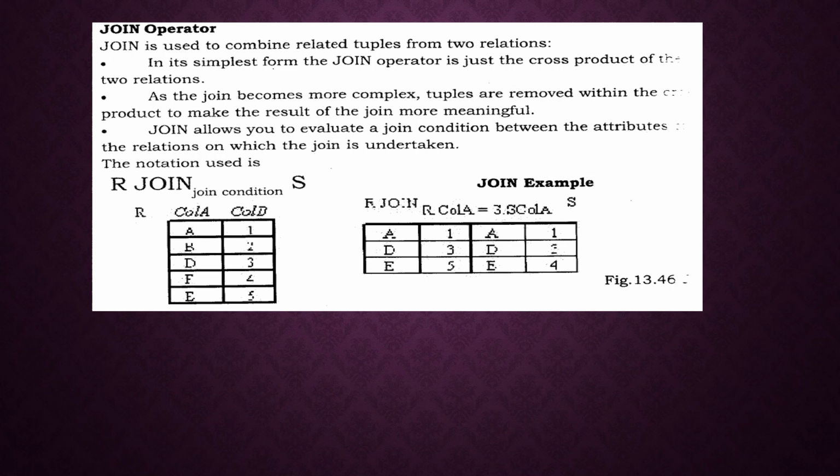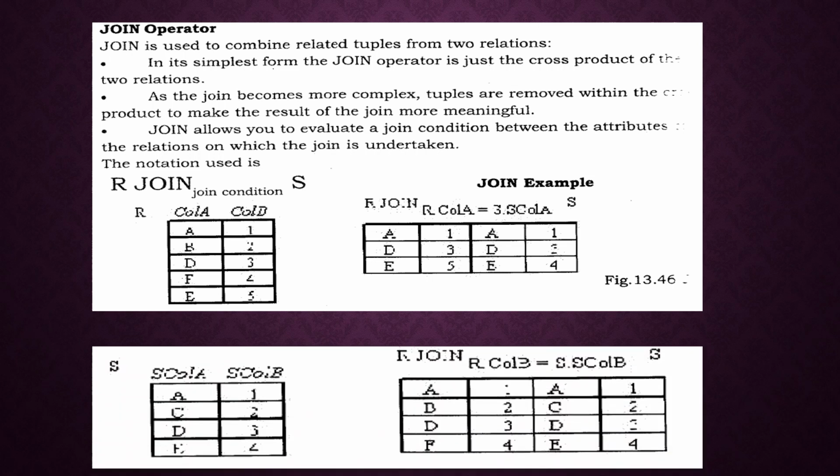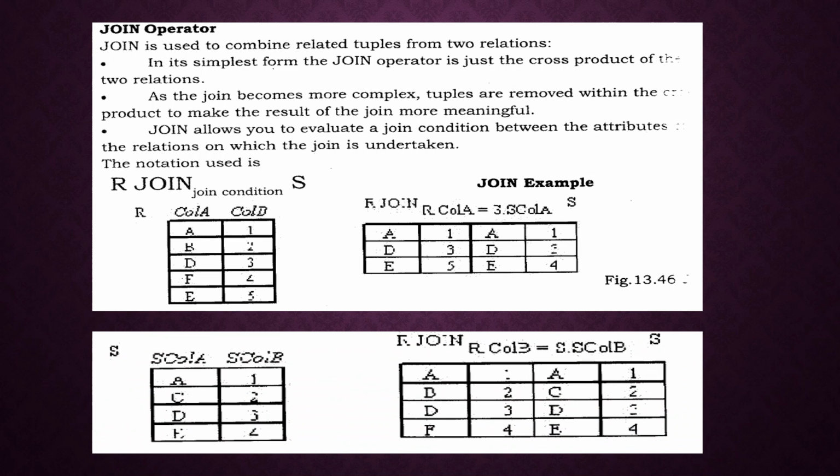And join allows you to evaluate a join condition between the attributes in the relations on which the join is undertaken. The notation is R join, with some join condition required, and here R and S are given.